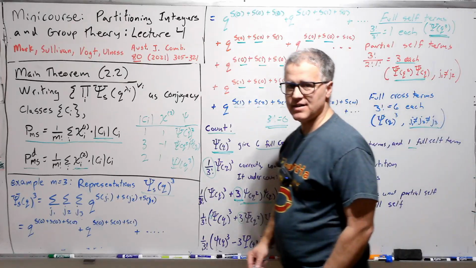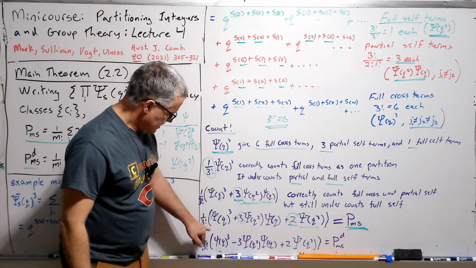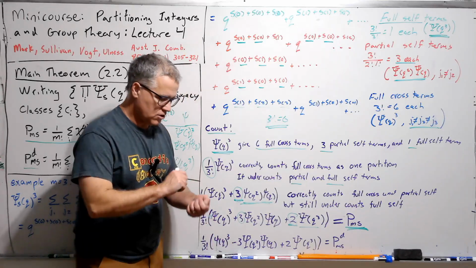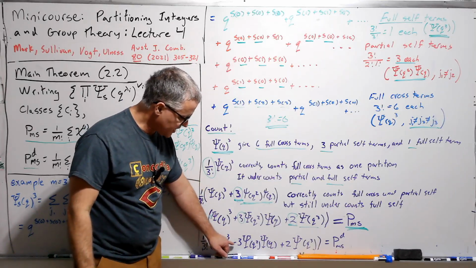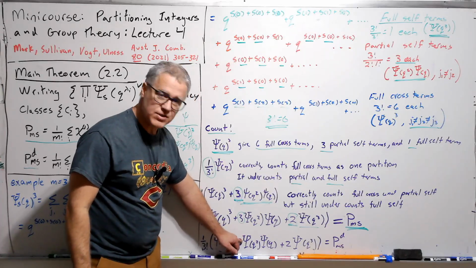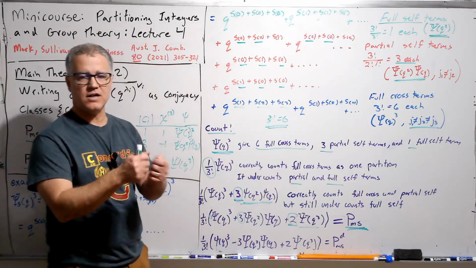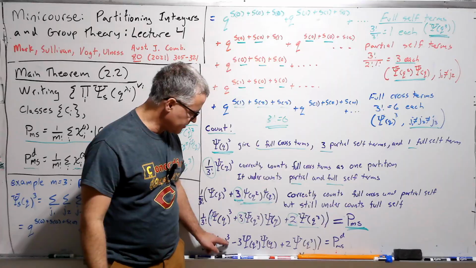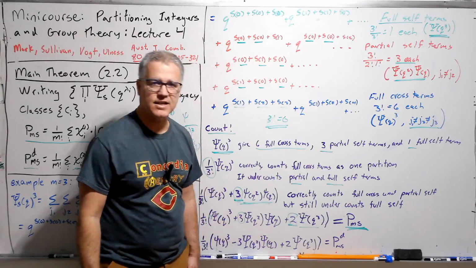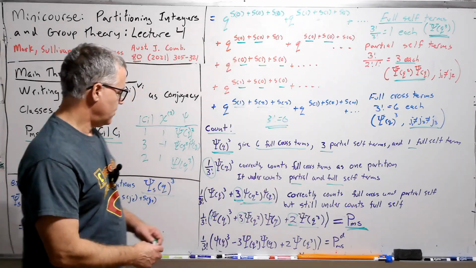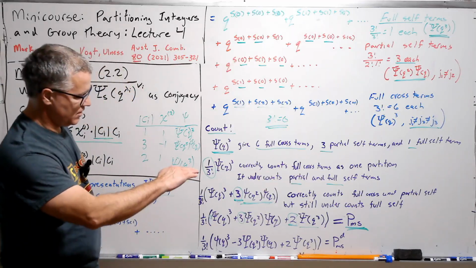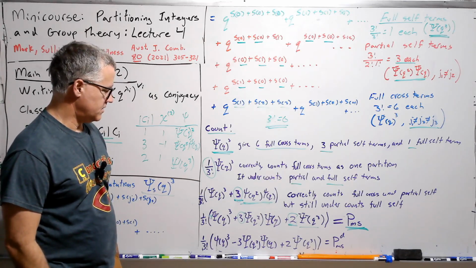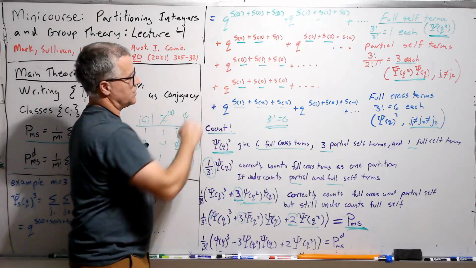And it turns out that if we carefully look at the different conjugacy classes, then this guy is simply the sign of the cycle type. And as long as we are subtracting the odd cycle types and adding the even cycle types, we're going to end up canceling out all of the self-terms and the partial self-terms.